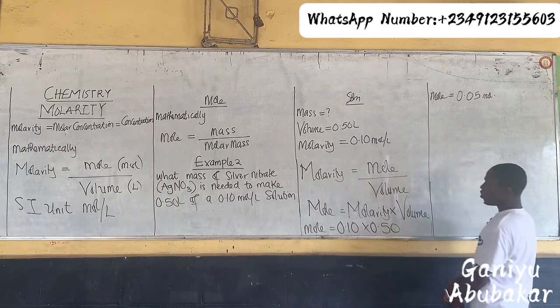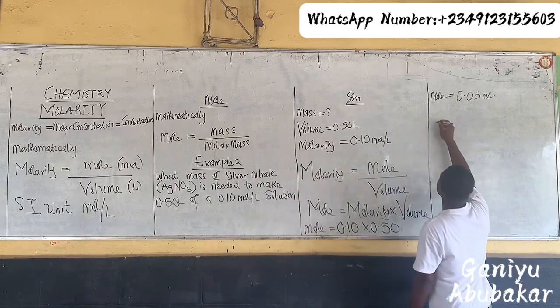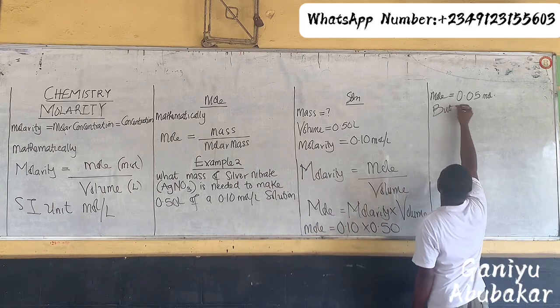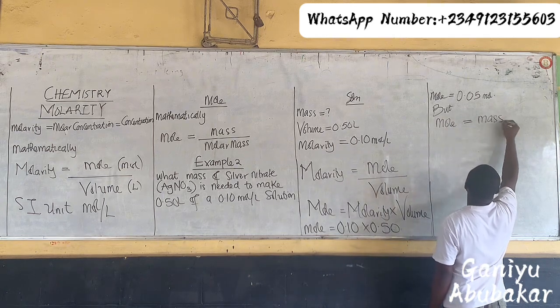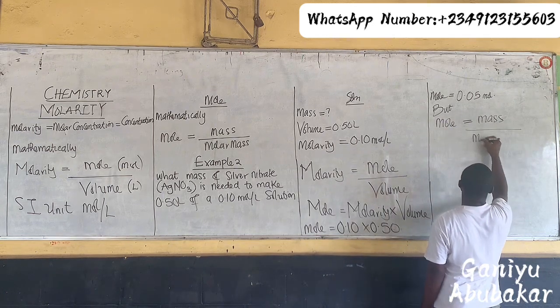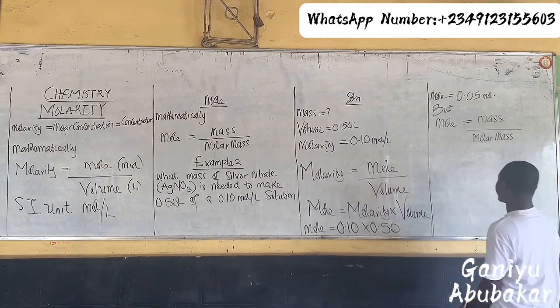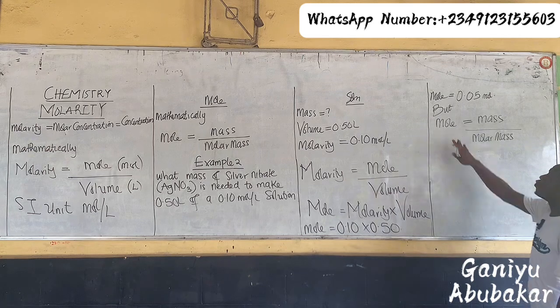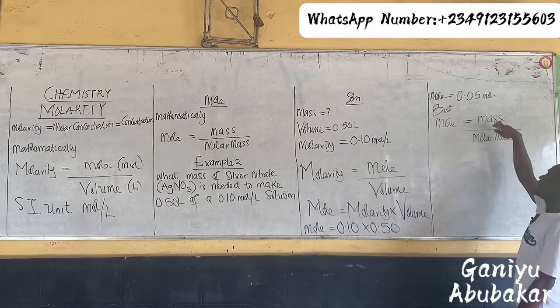All right, I've gotten mole. Don't forget, we're asked to find mass. So from here, we know that mole itself is equal to mass over molar mass. Let's get molar mass, because I already know mole and I don't know molar mass yet, so I can easily find mass.